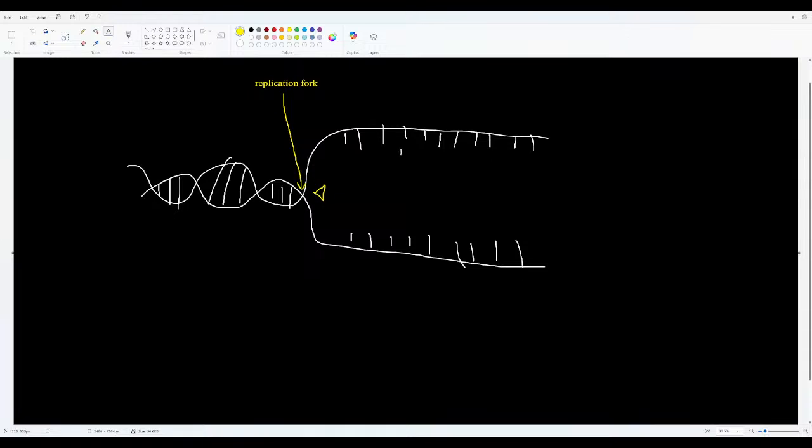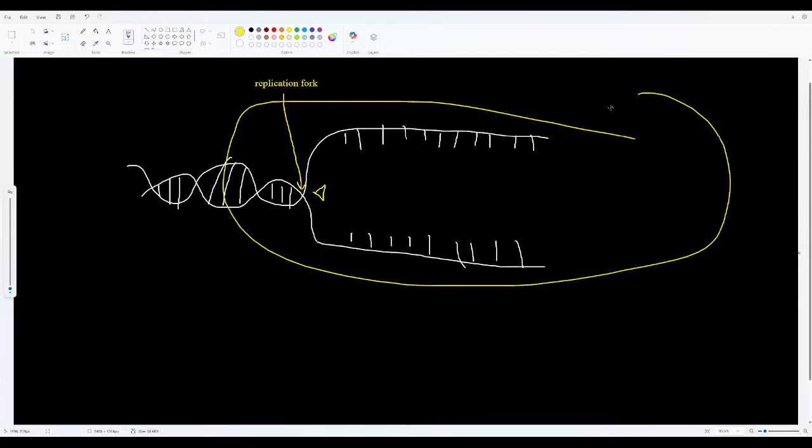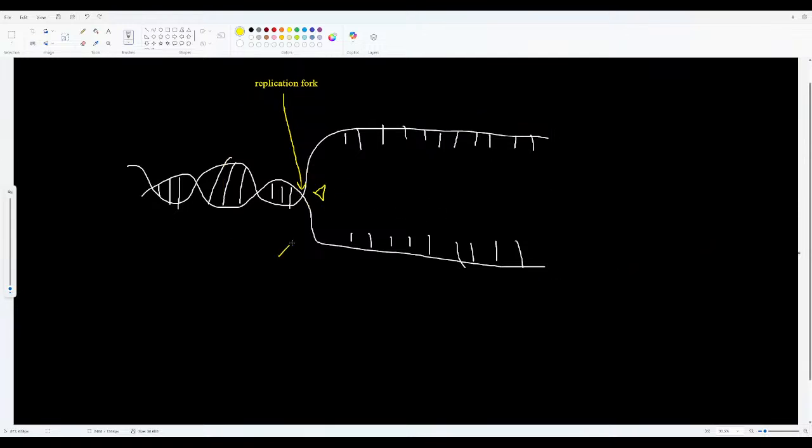So, with that in mind, we now have an unzipped DNA. So what do we do with this, right? By the way, just as a second note, an enzyme is a biological protein that helps perform a function.